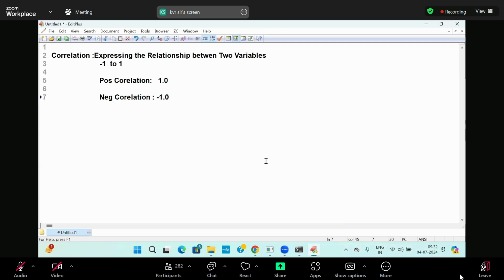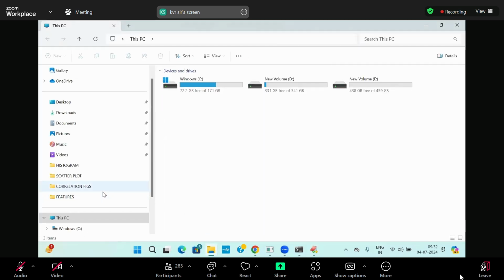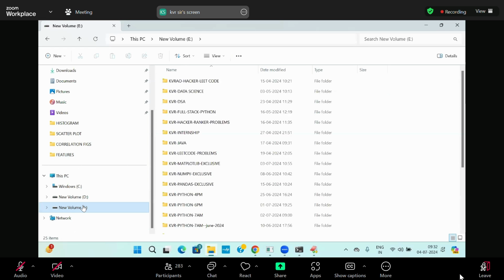Can I show you some small pictures? Did you understand the correlation first of all? Correlation means expressing the relationship between two variables. If one variable is increasing and another variable also increasing, that is known as positive.